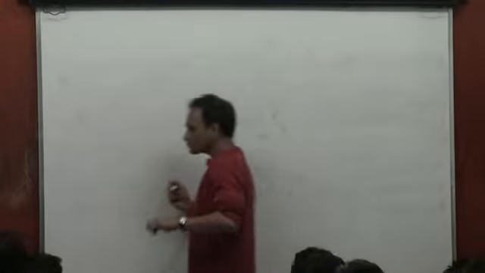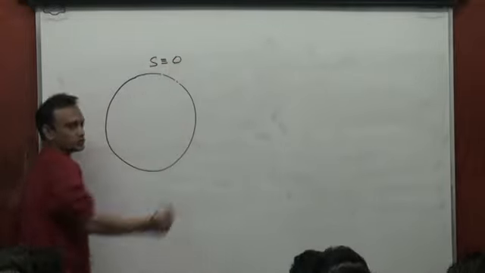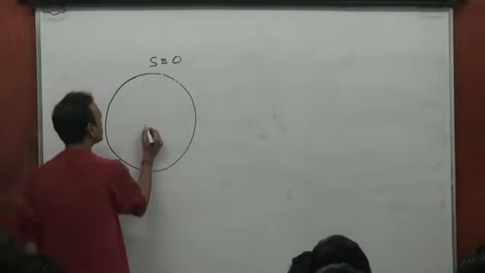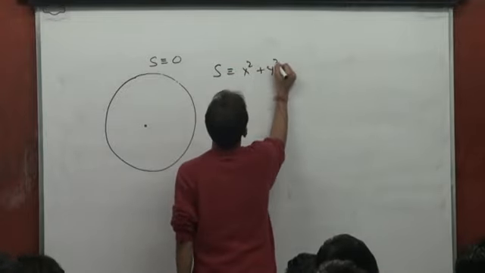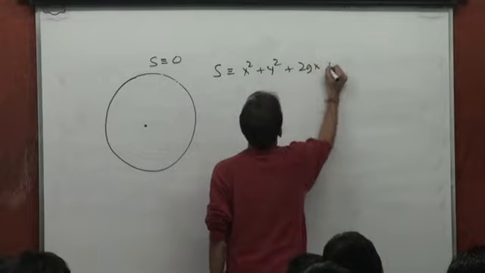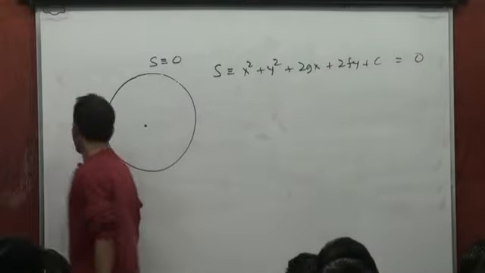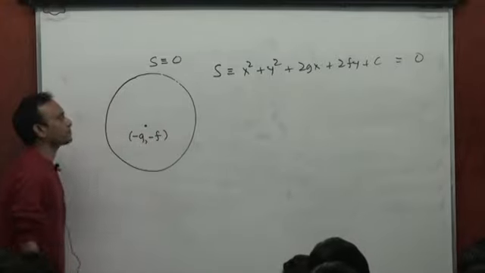Now, let's say this is a circle, S equal to 0. Let's say in a more general sense, S is x squared plus y squared plus 2gx plus 2fy plus c equal to 0, the circle, right? What's the center of the circle? Right.